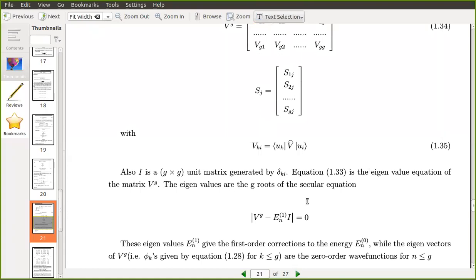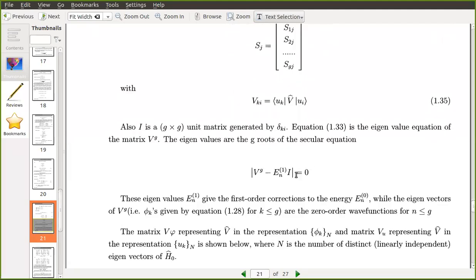The eigenvalues are the G roots of the secular equation, determinant of V^G minus lambda I equal to 0. This is the Cayley-Hamilton theorem. So this is matrix A, minus lambda, the eigenvalues, into I equal to 0.